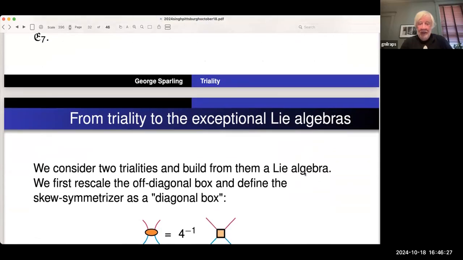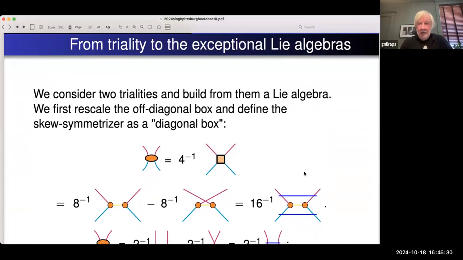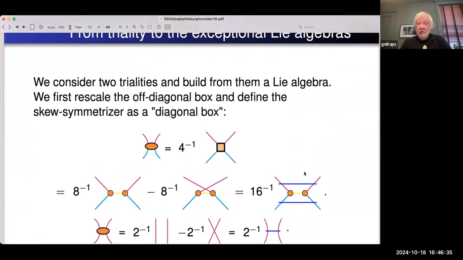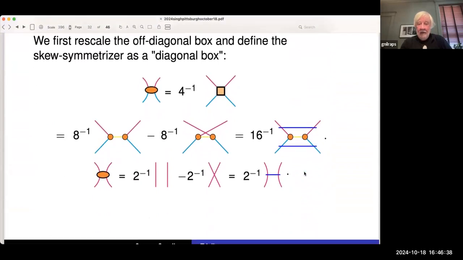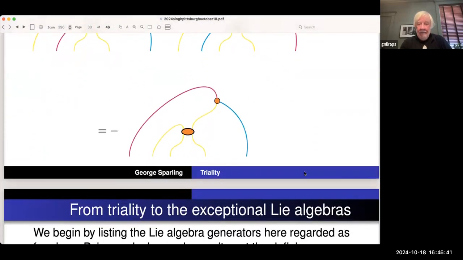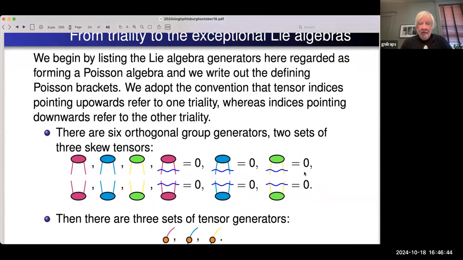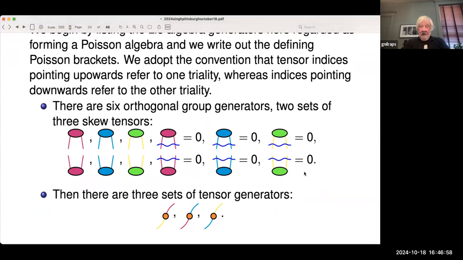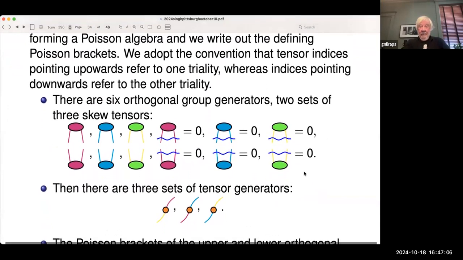Okay, so I just want to mention quickly how you get to these exceptional Lie algebras. You consider 2 trialities instead of 1. You have 2 sets of generators which correspond one to each triality. So you have 2 orthogonal groups, which in this picture are represented by skew tensors, and 3 sets of tensor generators.